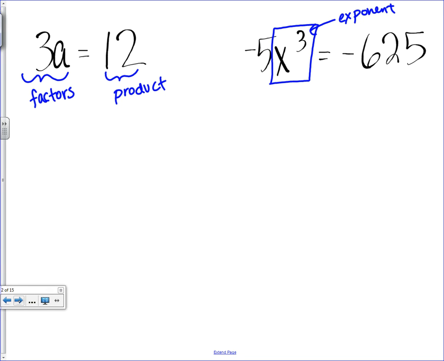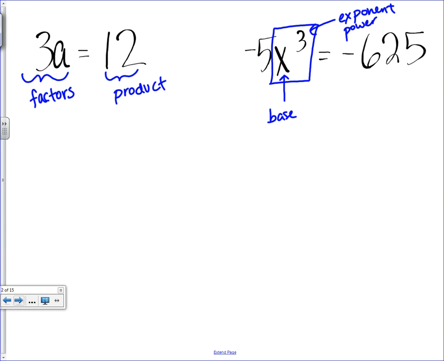Exponent or a power. What does that mean? If I have something to the 3rd power, what does that mean? Times itself 3 times. So this doesn't mean x times 3. It means x times x times x. All good? All right. Well, this x down here is important too. Anybody know what that x is called? It is a variable, but with the exponent on it, what's it called? You got it. It's called a base.